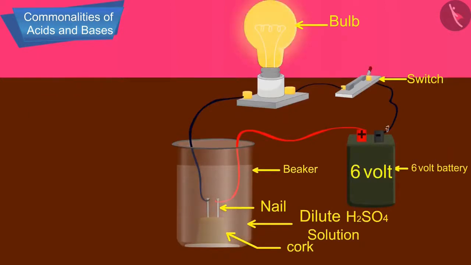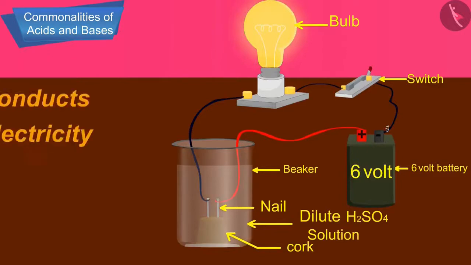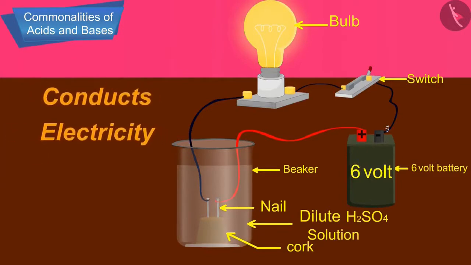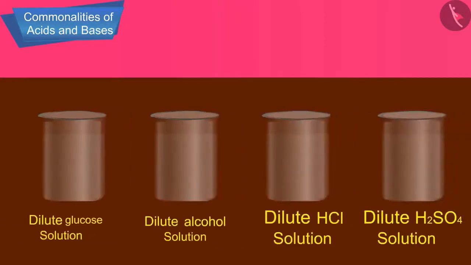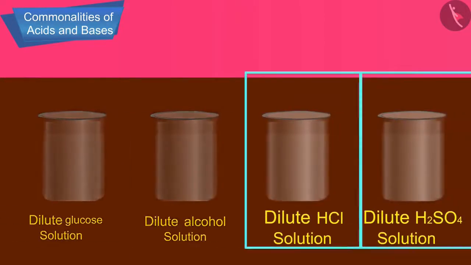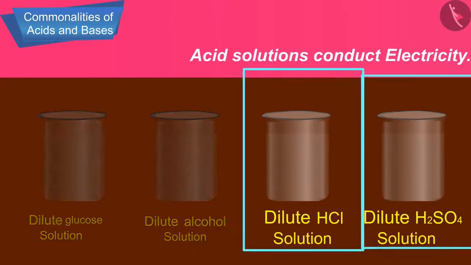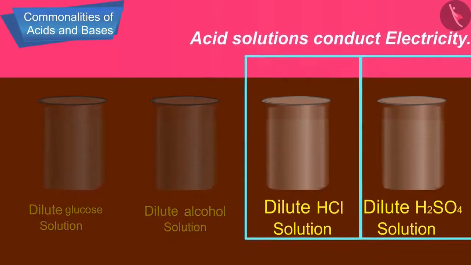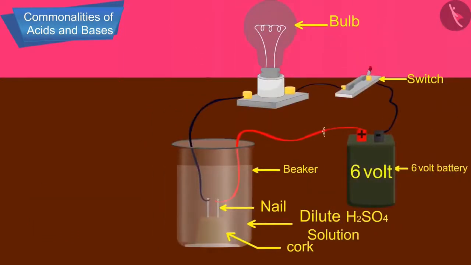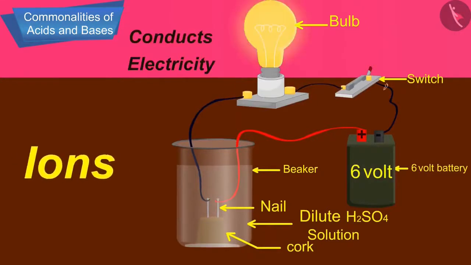This shows that sulfuric acid conducts electricity. In fact, all the acid solutions conduct electricity. Glowing of the bulb indicates that there is a flow of electric current through the solution. The electric current is carried through the acidic solution by ions.